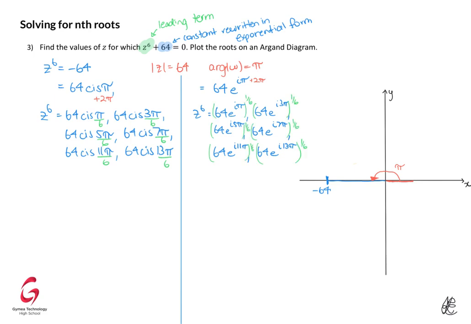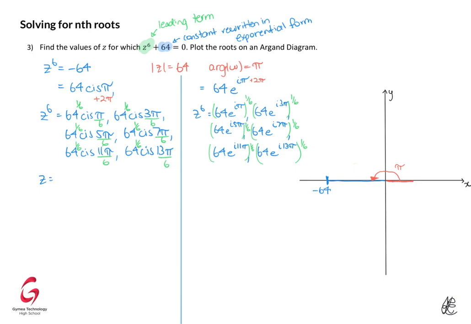But because we're not working with a modulus of 1 here anymore, we're working with a modulus of 64, de Moivre's theorem also tells us that we need to take the nth root of that modulus as we take the nth root of z as well. So all of these 64s out the front will end up taking the sixth root of that value when we look to obtain z by itself.